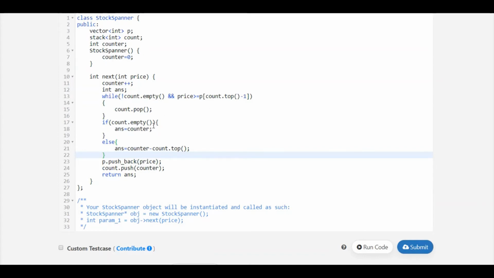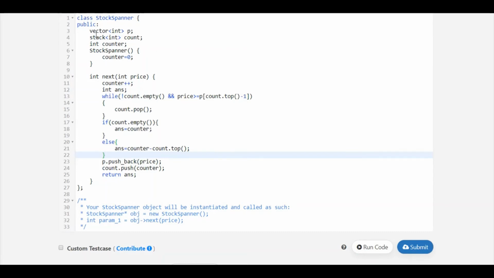And then when this is not satisfied, we come out and check if it is empty. If it is empty, that means answer is counter, and else the answer will be counter minus count.top. Then we just store our price and our counter and we return our answer. So this is how this problem is done.